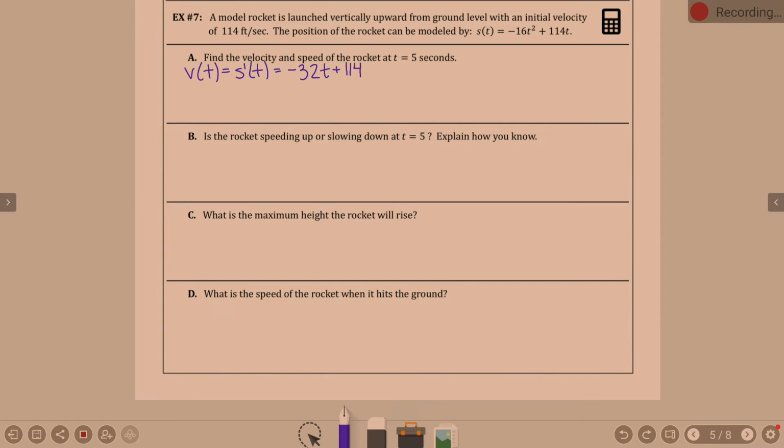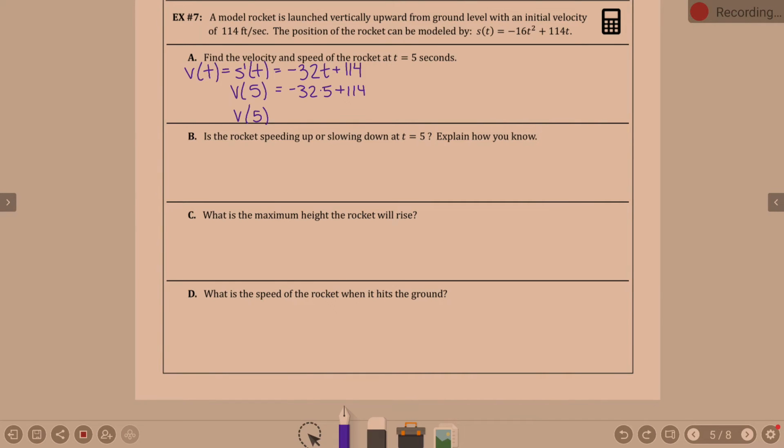Agreed? Negative 32t plus 114. Okay. So if they want the velocity at 5, we're plugging in 5, right? Negative 32 times 5 plus 114.